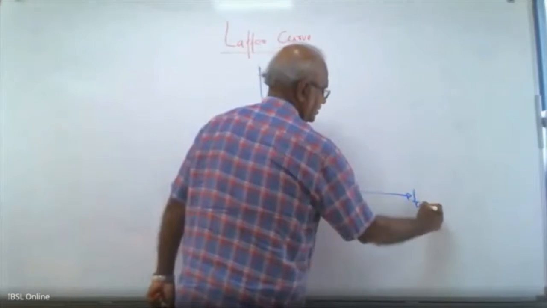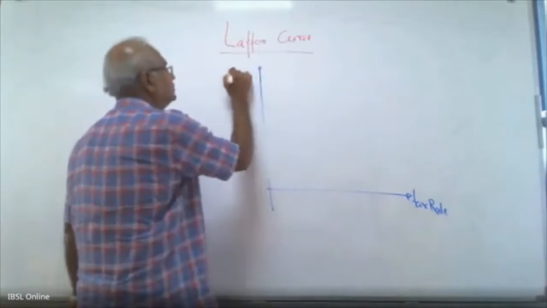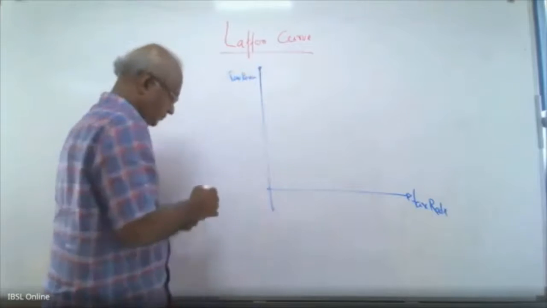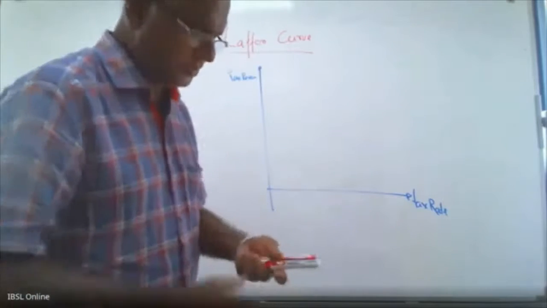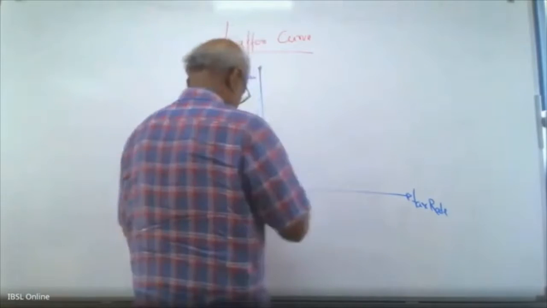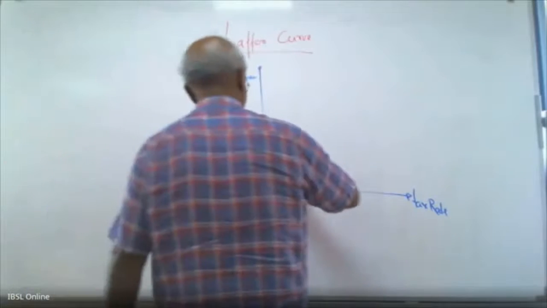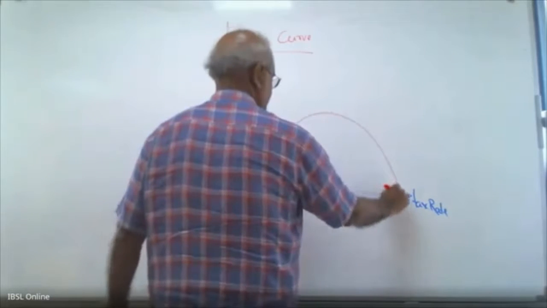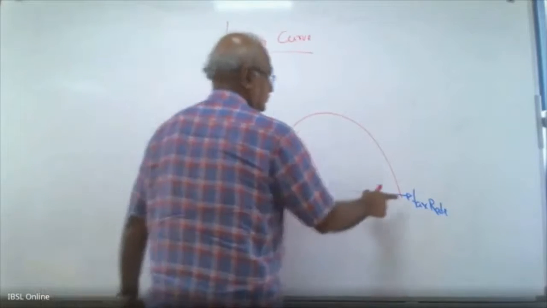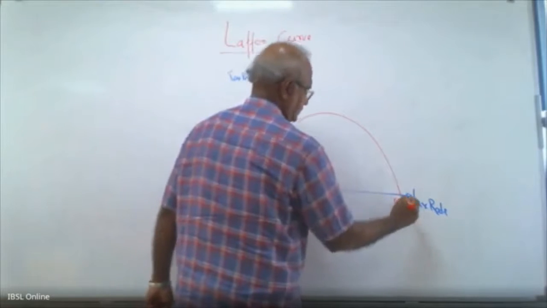Tax rate, tax revenue. It's a curve. The shape is this. 0% to 100%.